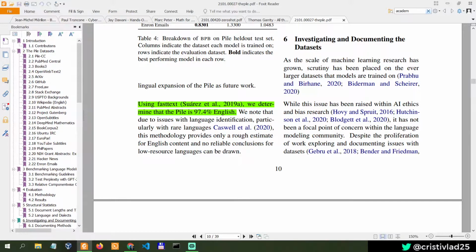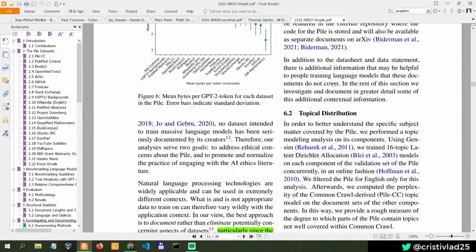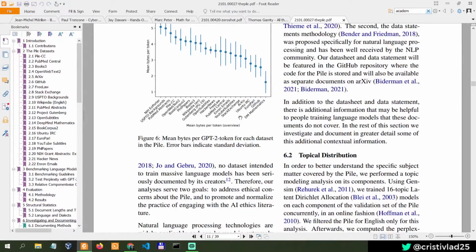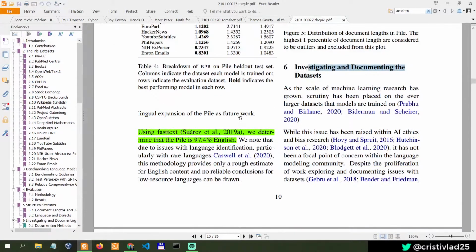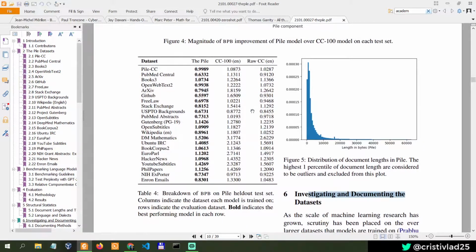Now, investigating and documenting the datasets. This is where they describe how they actually worked with each of these datasets.